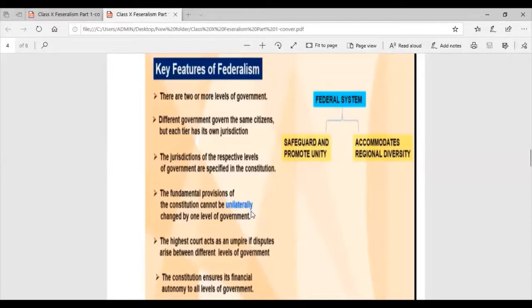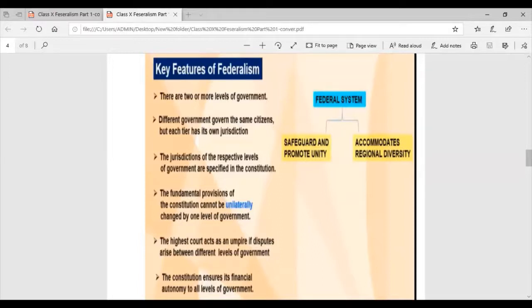the states. Now, the fifth point is explaining that the highest court acts as an umpire if disputes arise between different levels of government. From this point, it is very clear that India has an independent judiciary.